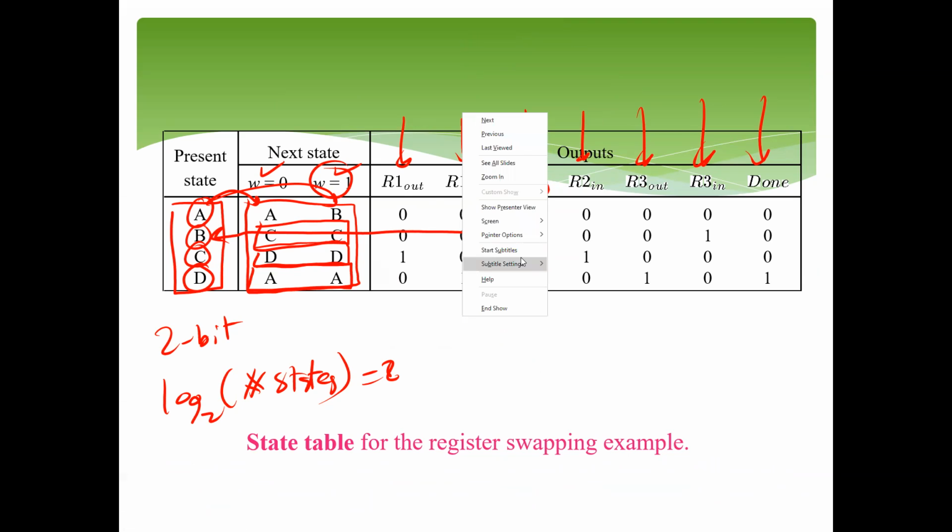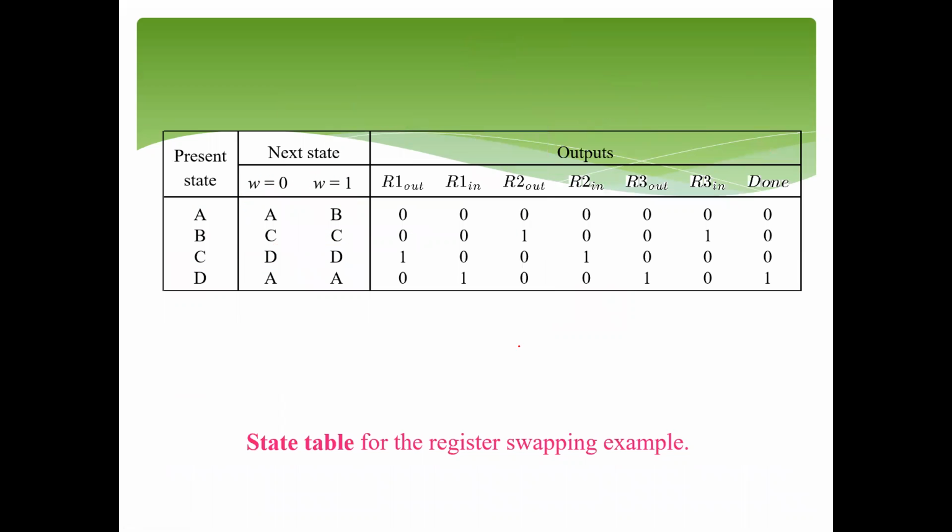Now writing the equations for the outputs, here it's going to be easy because if you check R1 out, it's only one at one state, R1 in, only one at one state. So all of them are only active at a single state. So for example, R1 out equal to C. Or you can say R1 out, if you want to write the code, Y equal to C. This is the current state variable.